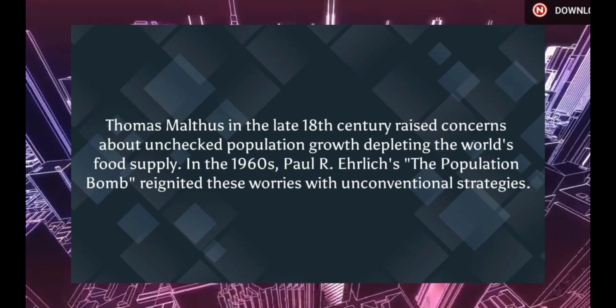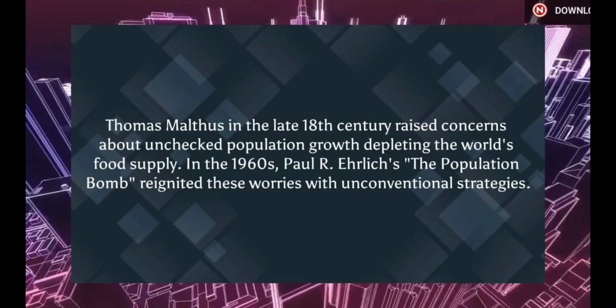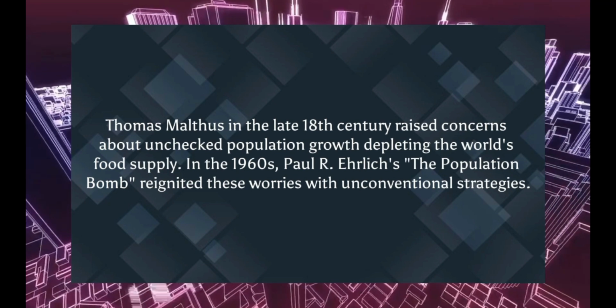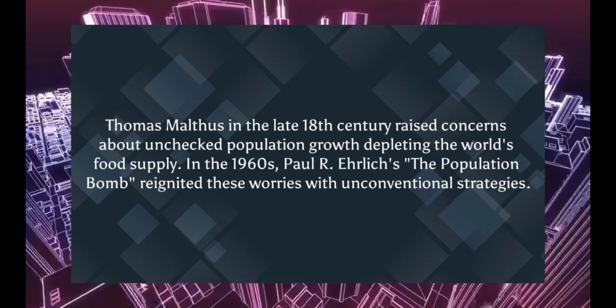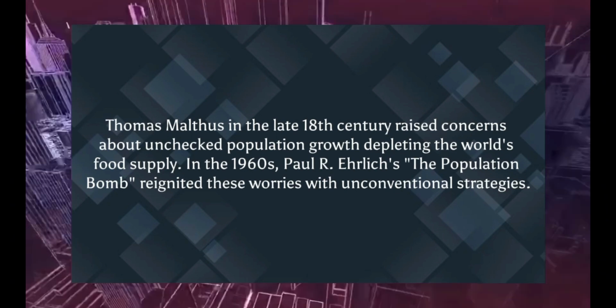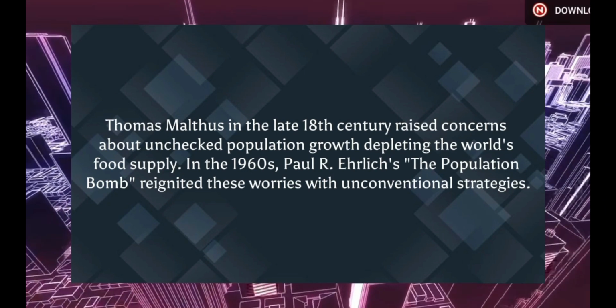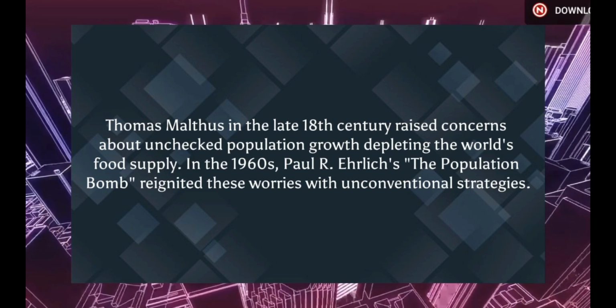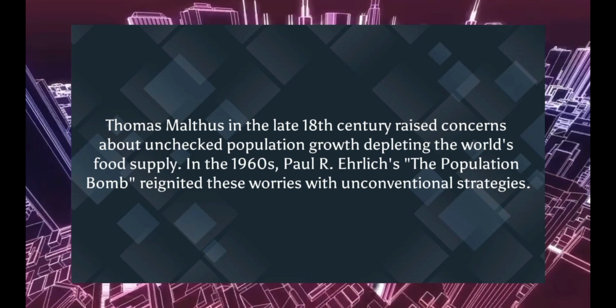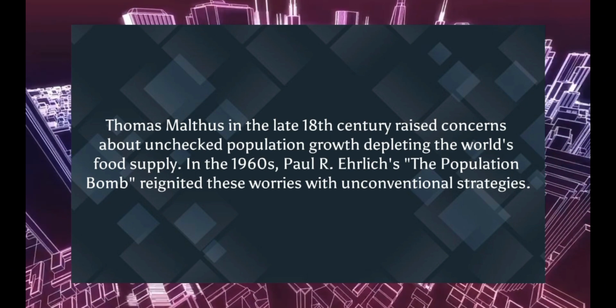To explain the current discourse on overpopulation, a retrospective examination must commence with the late 18th century observations of Thomas Malthus. His prescient concerns about the potential depletion of the world's food supply due to unchecked population growth set the stage.